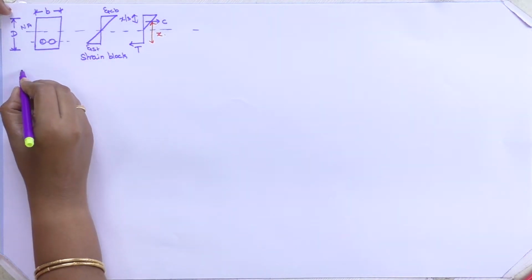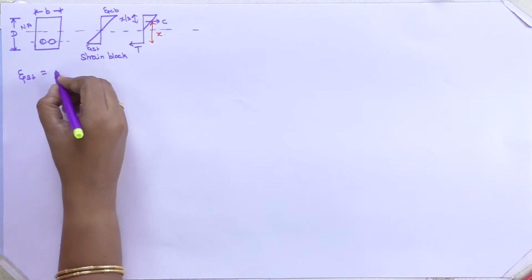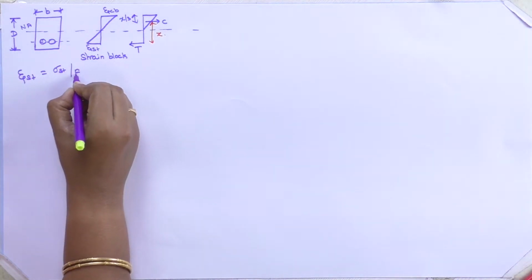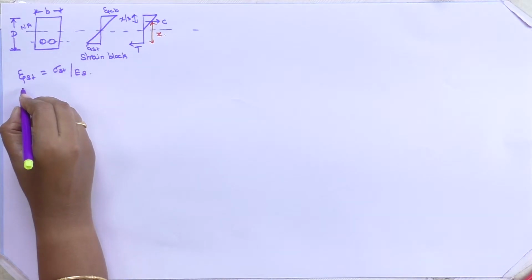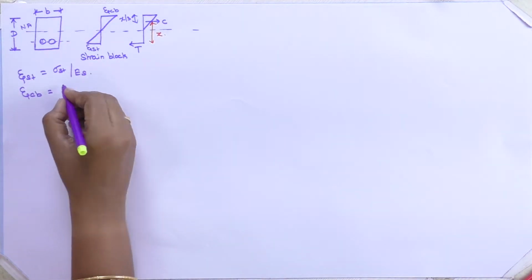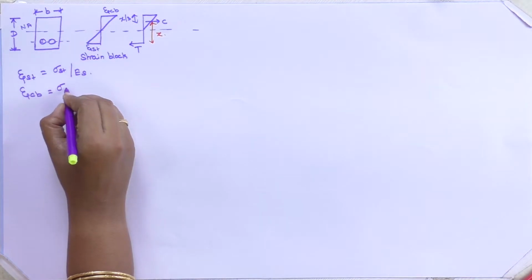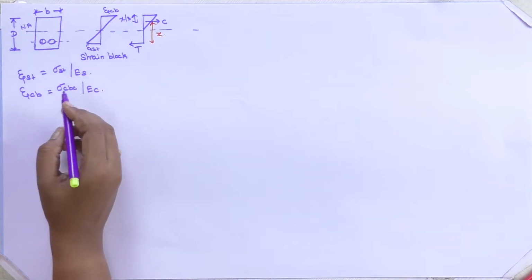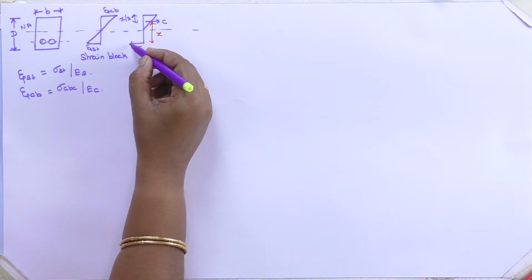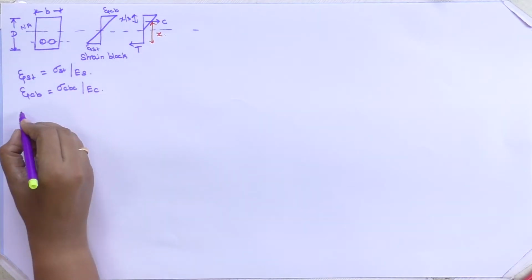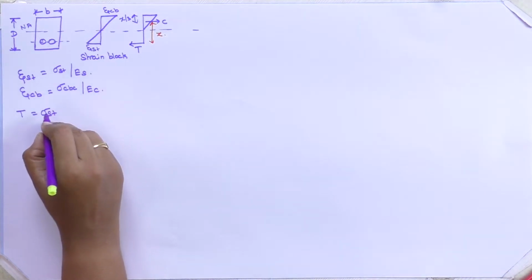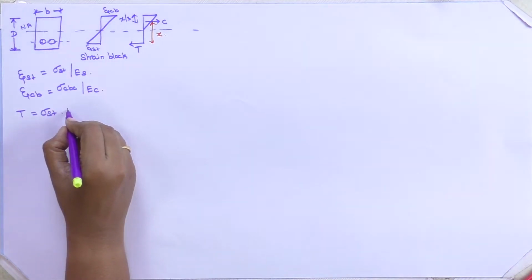We can write epsilon ST is equal to sigma ST divided by Es. Epsilon CB is equal to sigma CBC divided by Ec. So, the tensile force is being acted along the region of your steel. T we can write it as sigma st, this is your permissible stress in steel, into AST.